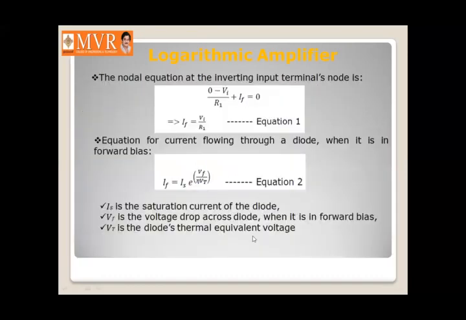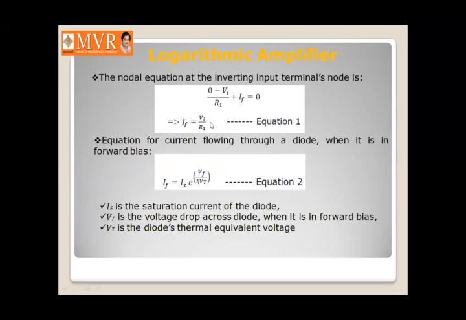That is how the equation becomes 0 minus Vi divided by R1 plus IF equals 0. If we bring Vi by R1 to the right hand side, as it is negative, it becomes positive, and IF is equal to Vi by R1. We call this equation 1.